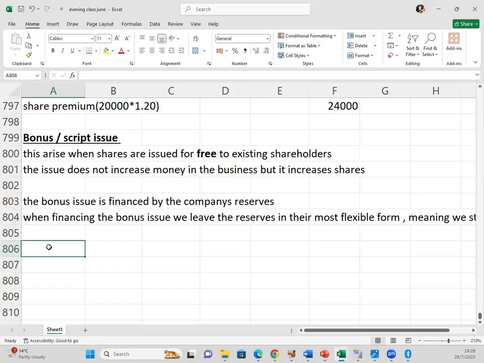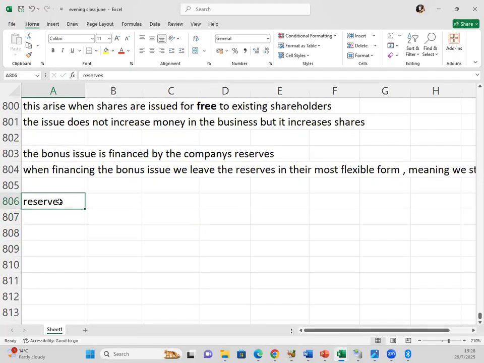The reserves will be given in the question. If we are talking about reserves, it's just money set aside. We can have money set aside as retained earnings, or it can be put in a reserve. So maybe before I proceed, let's talk about the reserves.